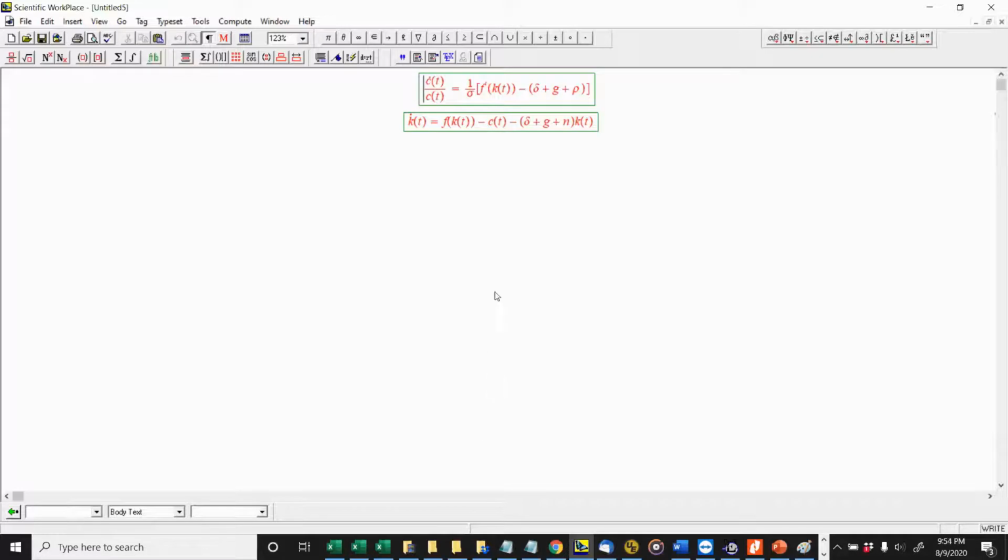Of course, it would be a vertical line because there's only one value of capital for which this holds. This is concave and increasing. This is linear and decreasing. And so this function of capital is going to go up and then down.